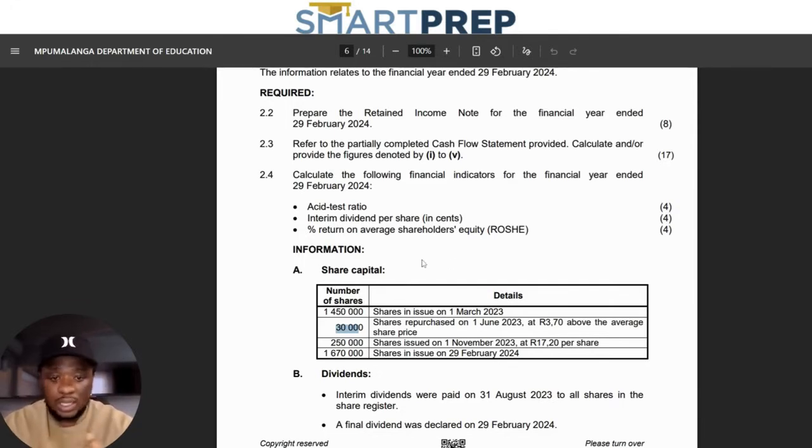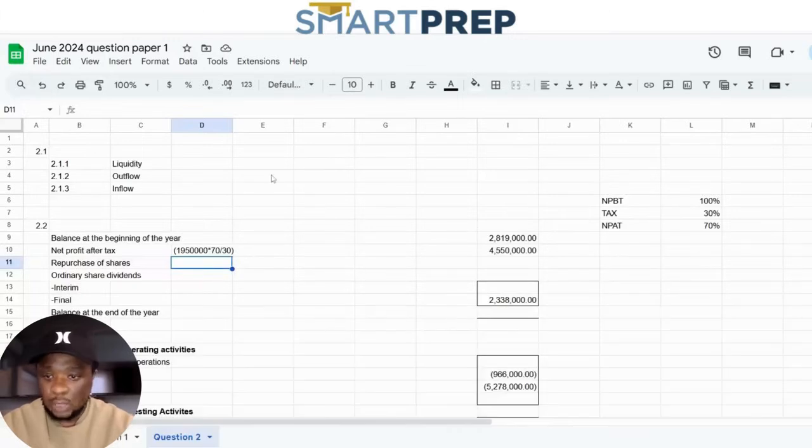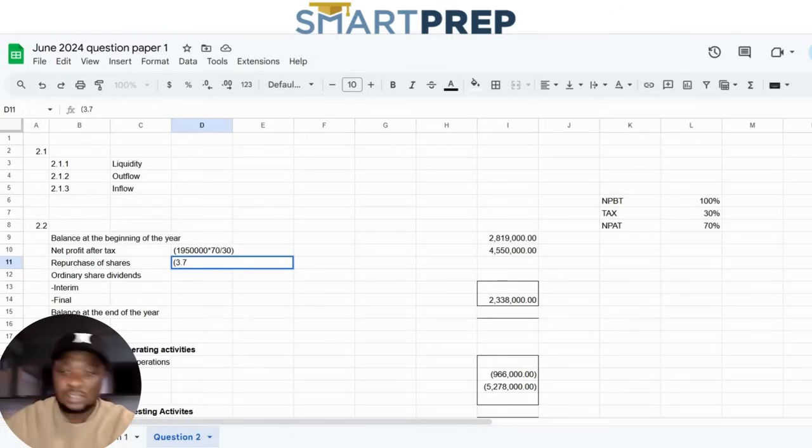So the way we're going to do it is that you're going to take the 3.7 and multiply by the 30,000. So this is how it's going to work. Let's take the 3.7, which is the above average issue price. Remember that the average issue price is set off against ordinary share capital, but against retained earnings, we take the amount that is in excess of the average issue price.